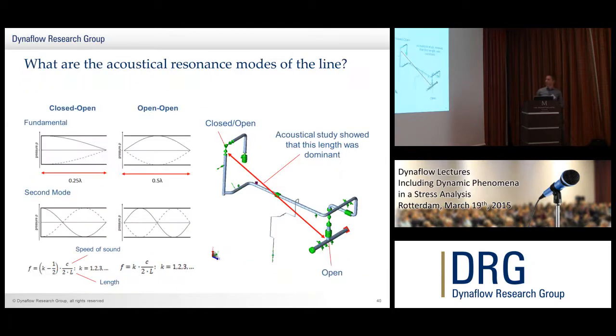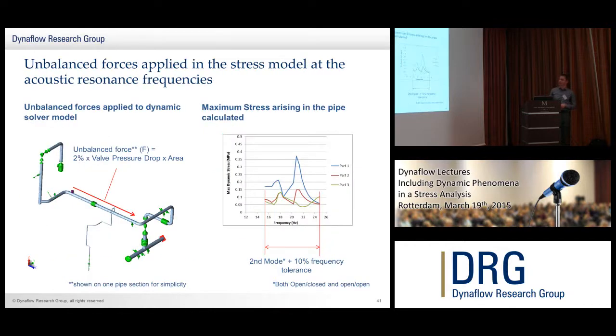So if we go back, second mode being these mode shapes. What we're saying, part 1 is this section here, the inlet. Part 2, this long section to about here. Part 3, this section. Okay? And what you see is some excitation of the mode here, around 20 odd hertz, but generally the amplitude is very low. Maximum stress is less than 1 megapascal.